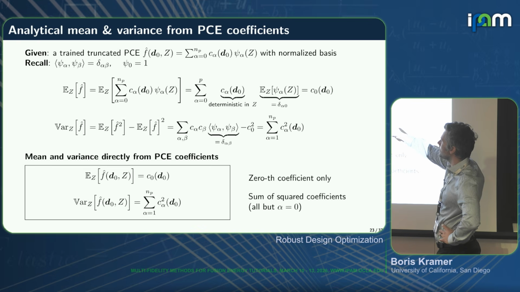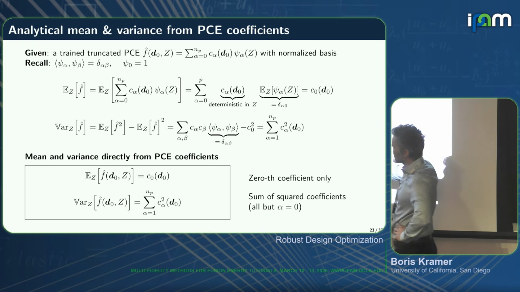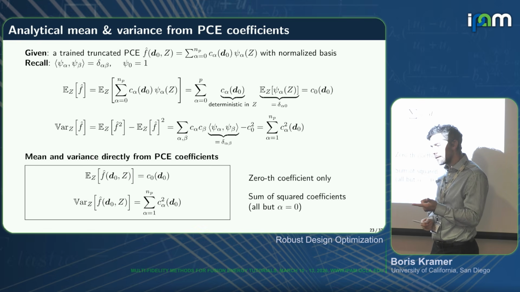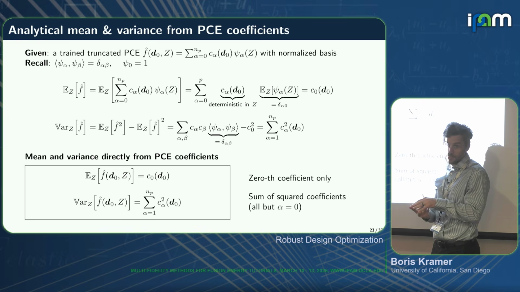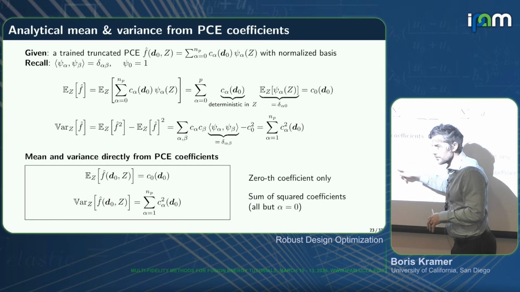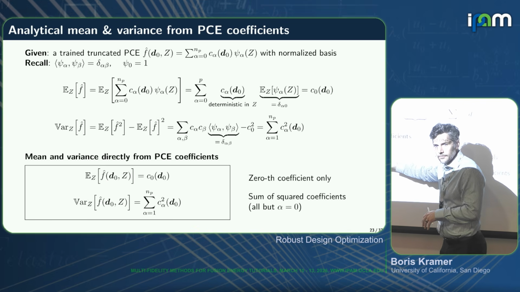And if you take the variance, you're recovering that. In short, the moment you have your PCE expressions, you know exactly what the expectation and the variance of that PCE surrogate are. Those are the two quantities, and the square root of the variance, that we need in RDO.